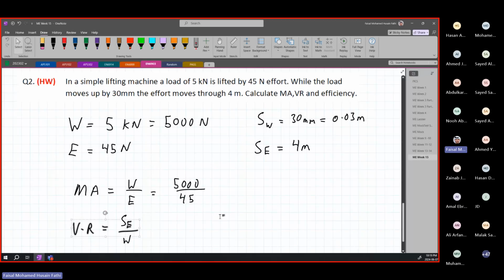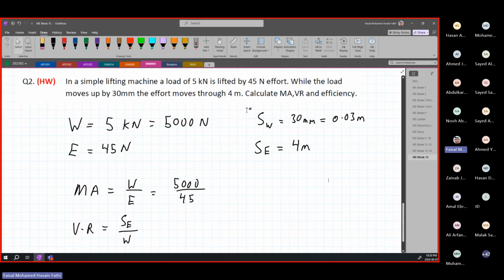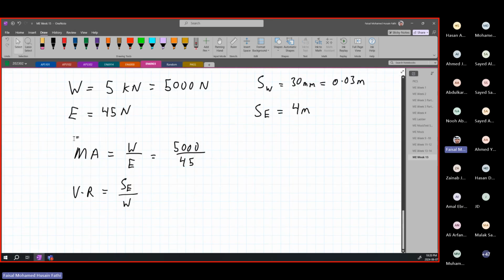For VR, you're putting the distance of the effort over the distance of the load. The effort distance is always going to be larger than the load distance, and the load value is always going to be larger than your effort value. So these values should always be greater than 1. They can't be decimals. If they are, it means you have mixed them up or flipped them around.